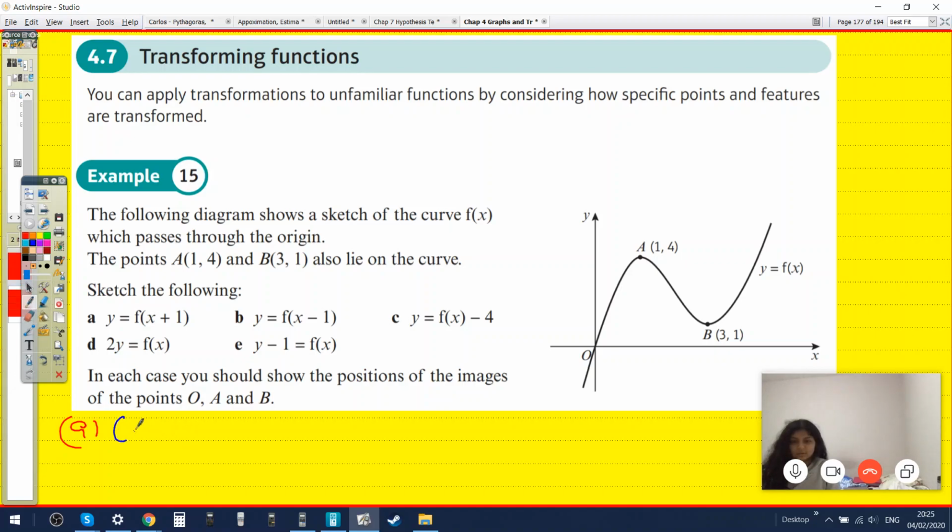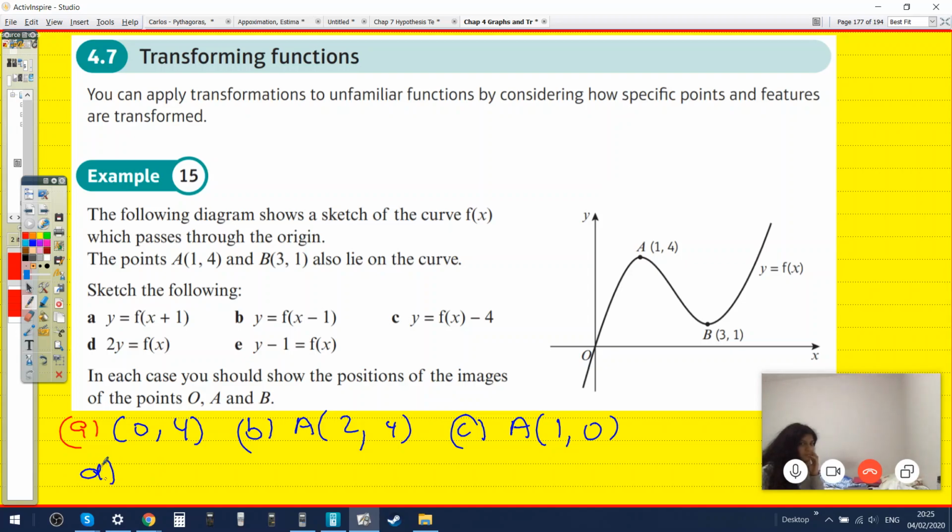C. D. Yep. And E. Yep. So that was 1, 2, and that was 1, 5.